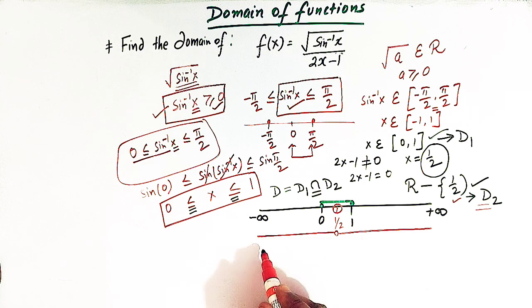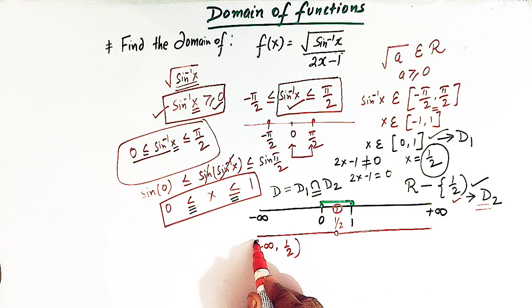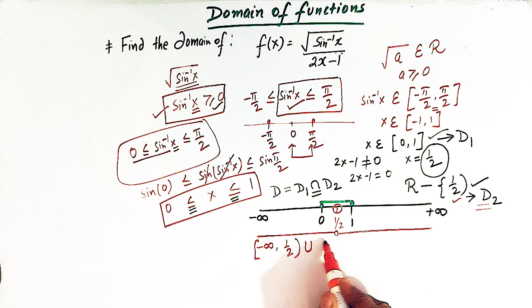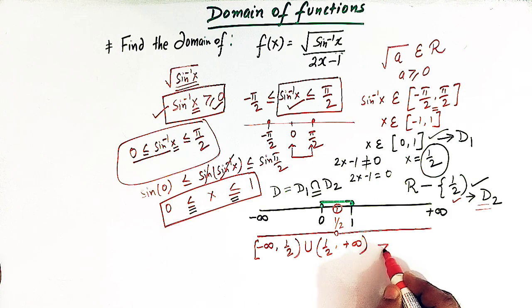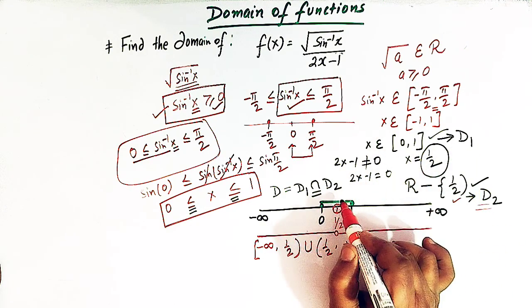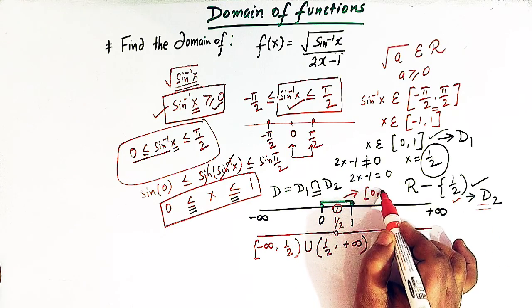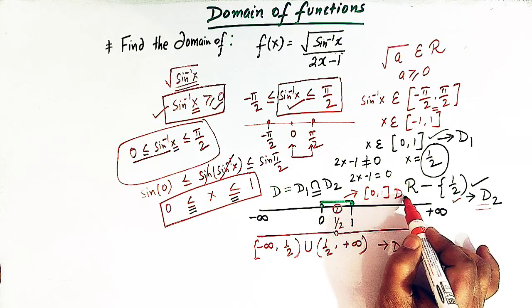So here we have from minus infinity to half, and then we have union, and then we have half to plus infinity, right? So this is d2, and here we have d1. D1 is the interval 0 to 1, so this is d1.